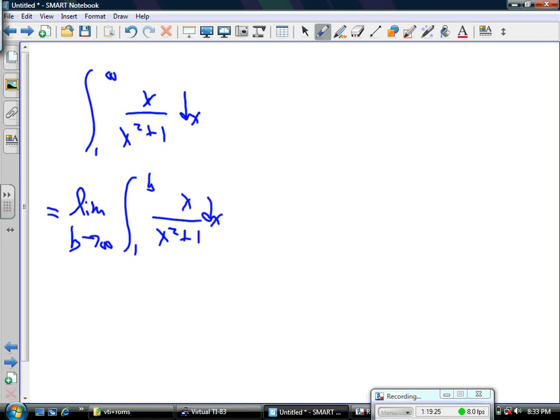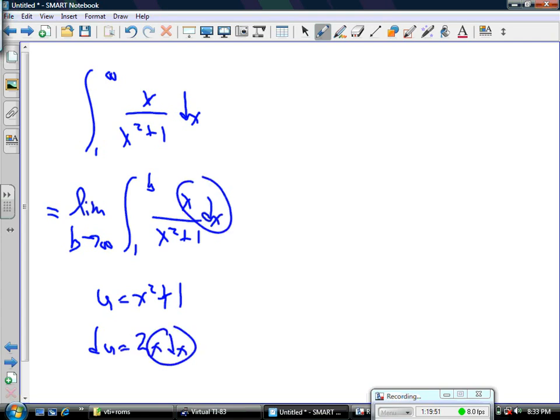What kind of integrating are you going to do here? Trig sub might be useful, but I think a u sub will be easier. If u is x squared plus 1, du is 2x dx. So replace x dx with 1/2 of du. So this is 1/2 times 1 over u du.